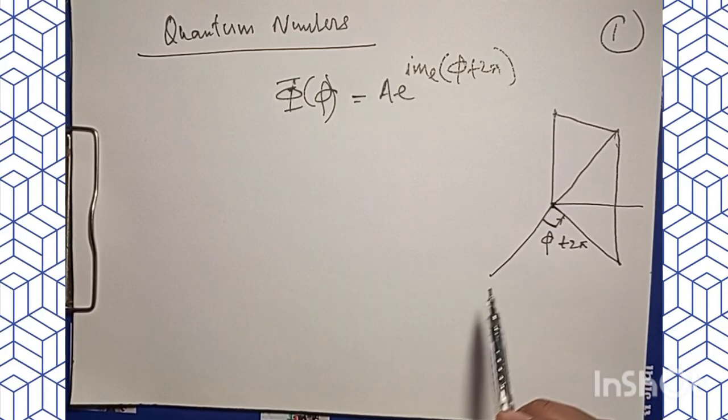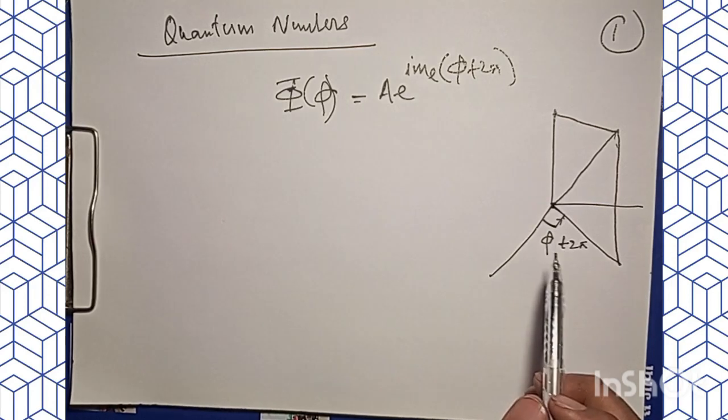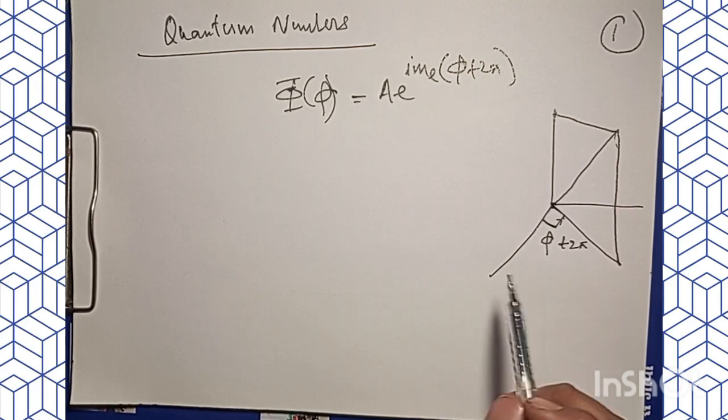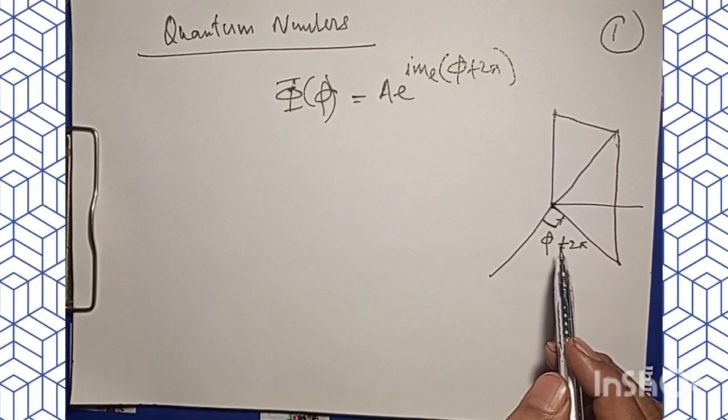So it's clear that phi and phi plus 2 pi both identify the same meridian of the plane.